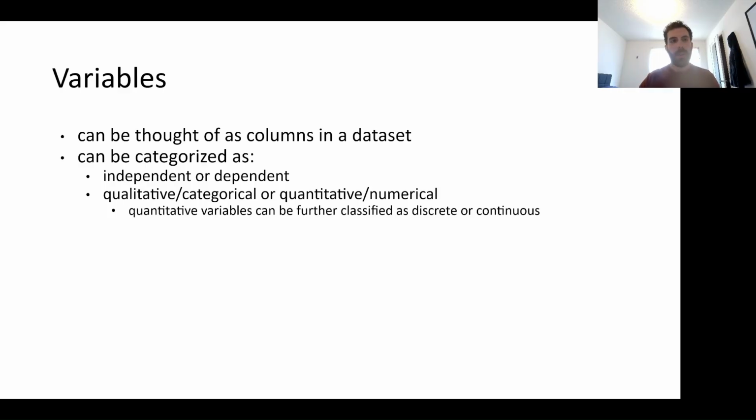So first, this might be a little pedantic for some of you, but I do want to be clear what I mean when I say variable. You can think of it as the columns in your data set. So in the MLB data set that you guys are using for your homework, there are columns like player, team, and then various statistics related to baseball, like runs batted in, batting average.